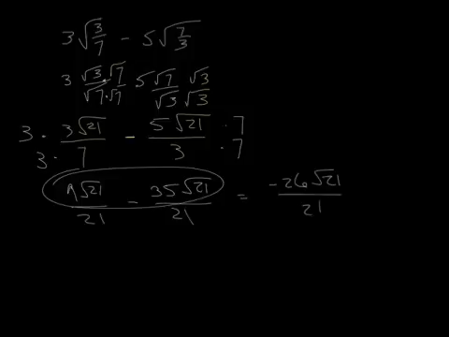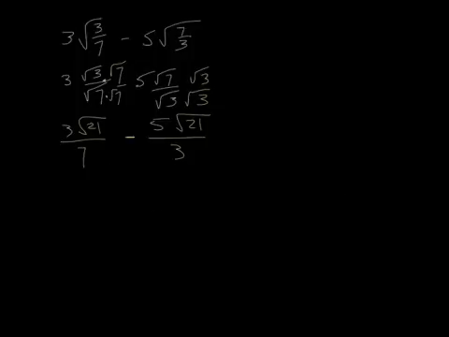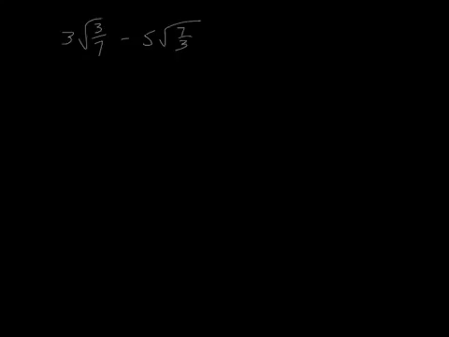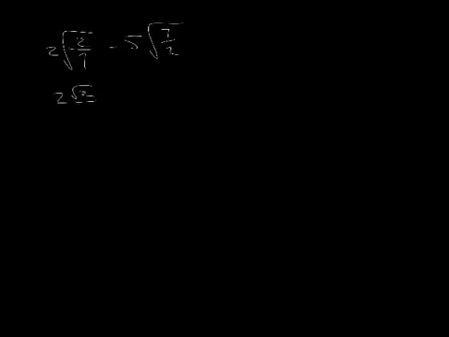Let's do one more, and we'll call this section of the lesson done. We've got 2 square root of 2 over 7 minus 5 square root of 7 over 2. I'm going to write it as square root of 2 over square root of 7 minus 5 square root of 7 over square root of 2.